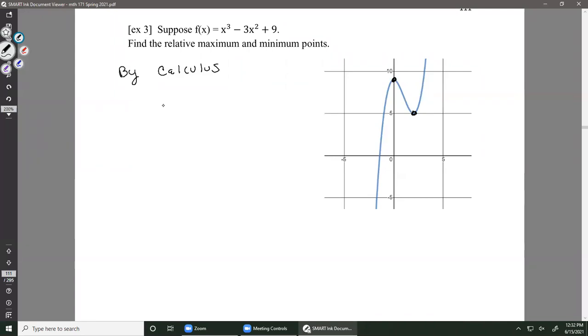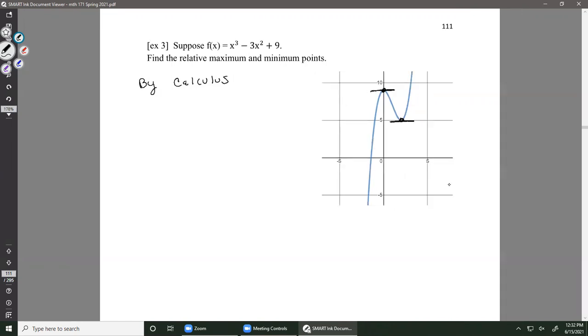And so what is happening to the slopes of those tangent lines or the derivatives at those points? They're flatlined, they're 0. So we know that f prime is equal to 0 at the maximums.